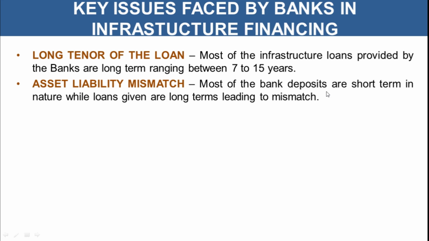However, loans are like asset for banks or financial institutions, and they charge interest on that. Now, what they have to pay was for a shorter period of time, and what they were getting back as income was being generated after a longer period of time. Thus, there was an asset liability mismatch being created in the whole business scenario.